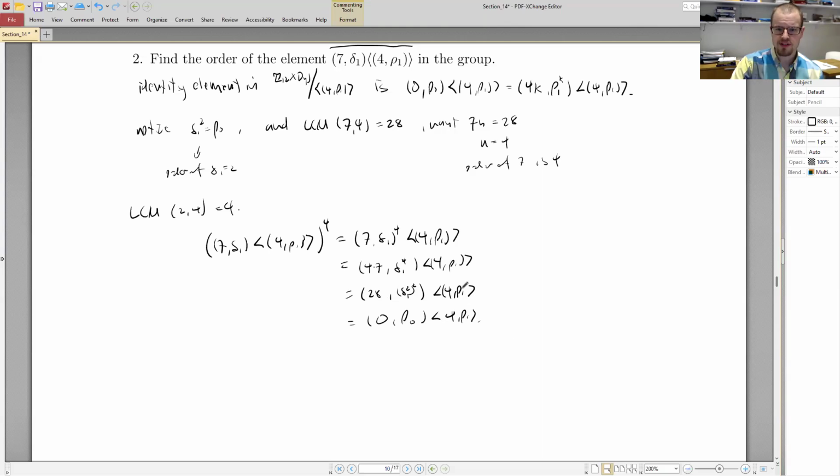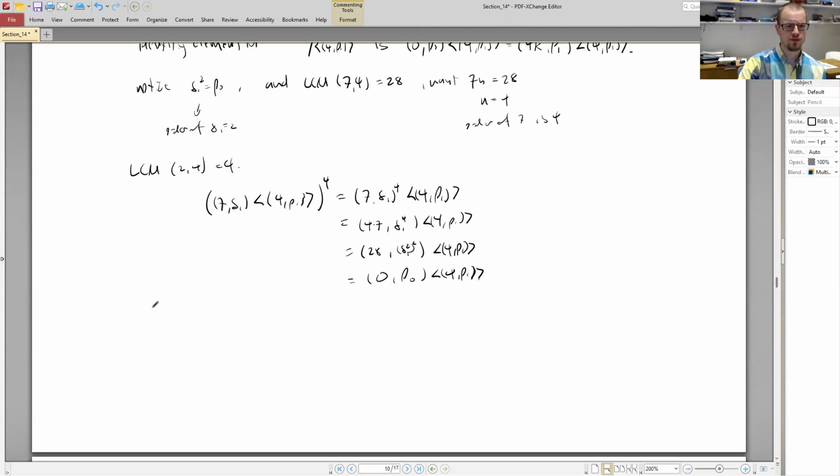Oh, and I'm missing parentheses on a few of these. That looks better. So the order of 7, delta 1 times what's generated by 4 row 1 is 4.